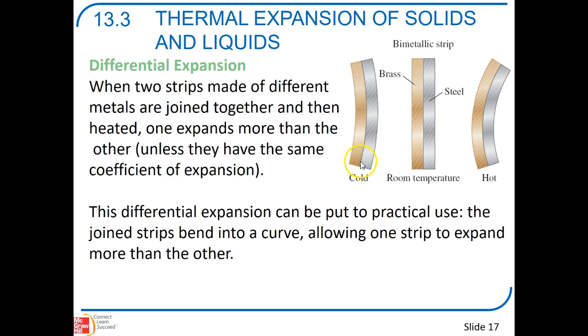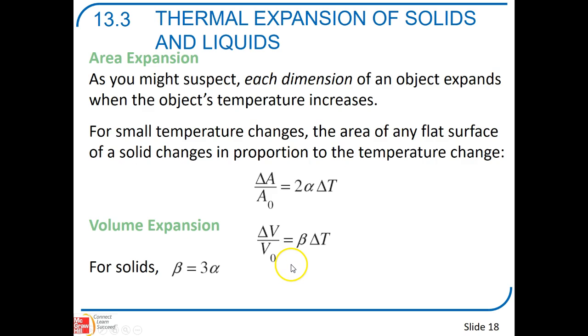And when it's cold, the brass side will contract quickly relative to the steel. So when this contracts very quickly, you'll notice it curves in to the left. When it expands very quickly, then it pushes that steel over to the right. So we can use that to turn on and off your heat and your air conditioning with that bimetallic strip, which is kind of a cool thing.